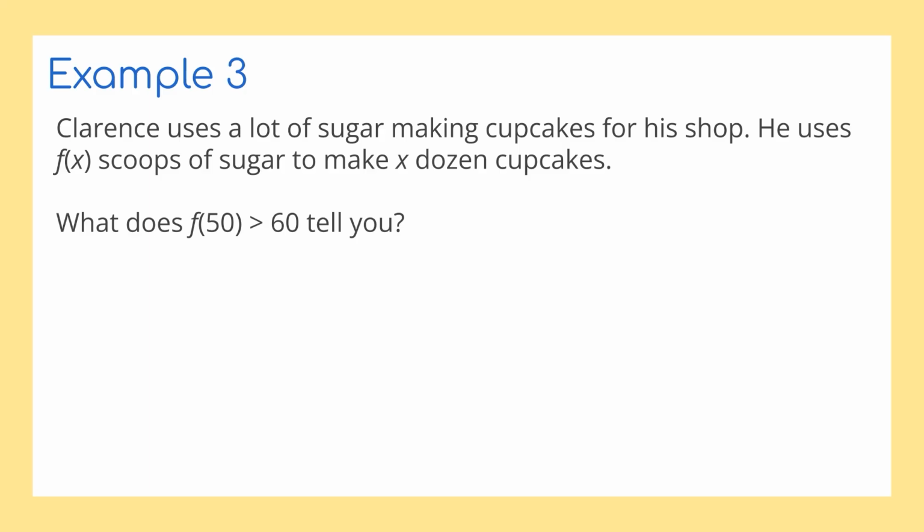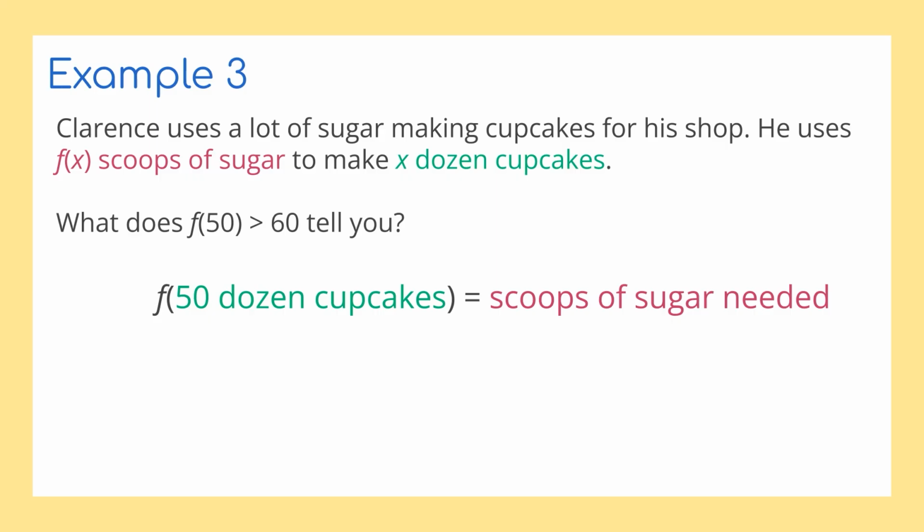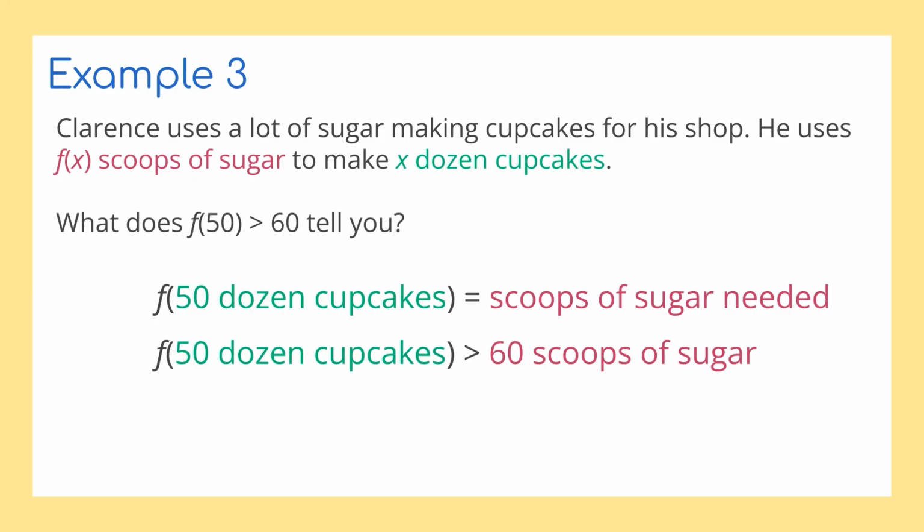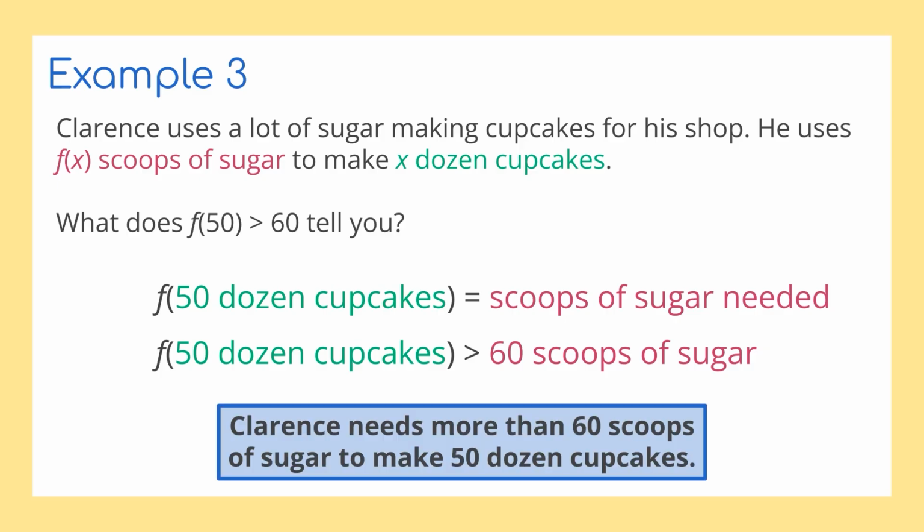So we're told the function f of x tells us how many scoops of sugar are used to make x dozen cupcakes, which means f of 50 would tell us the amount of scoops of sugar that are needed for 50 dozen cupcakes. But we're not told exactly how many scoops of sugar are needed. We're told we'll need greater than 60 scoops of sugar. So f of 50 is greater than 60 tells us that Clarence will need more than 60 scoops of sugar to make 50 dozen cupcakes.